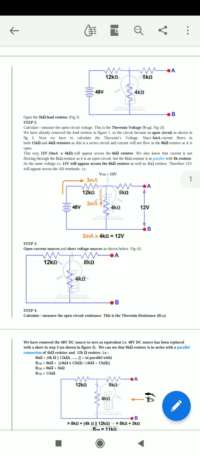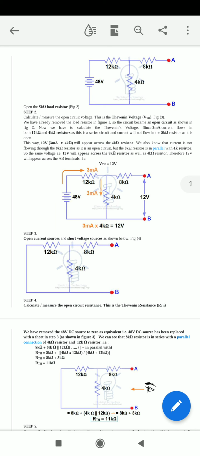So the 12 kilo ohm and 4 kilo ohm resistors are in series. The total current flow is 3 milliamps. So by using Ohm's law, the voltage across the 4 kilo ohm resistor is 12 volts, and it will appear across the 8 kilo ohm resistor as well.